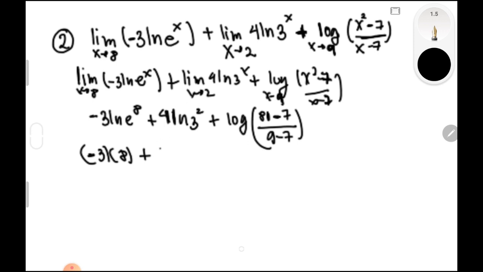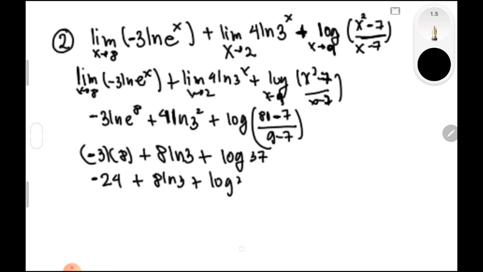So power rule natin, 8 ln of 3, plus the logarithm of 81 minus 7 divided by 9 minus 7. To take note, logarithm constant yan. So we have a value of log 37. Okay? So therefore, we'll have negative 24 plus 8 ln of 3 plus log 37.